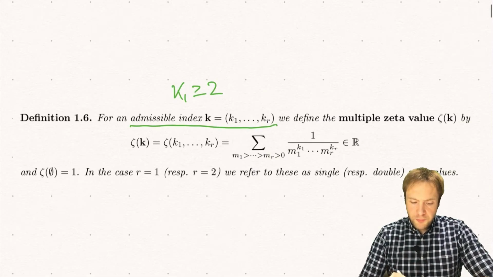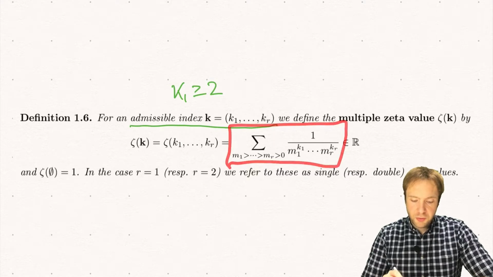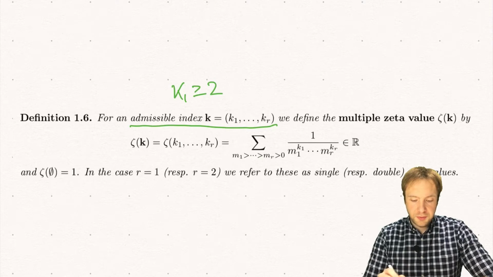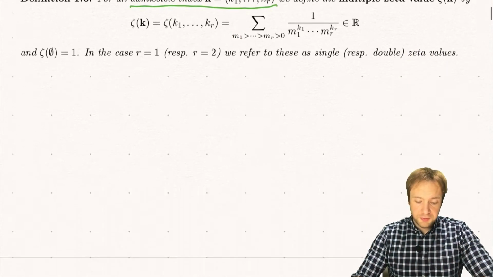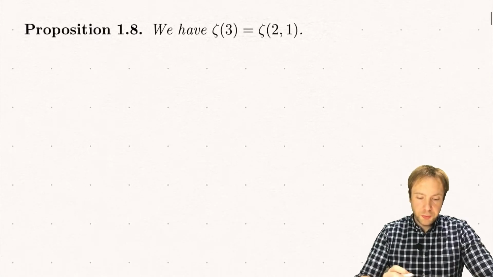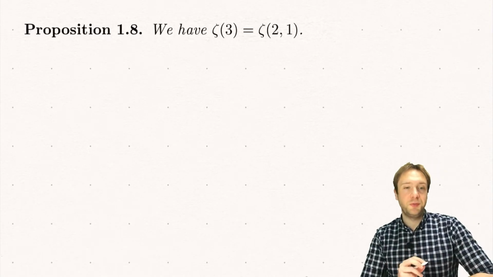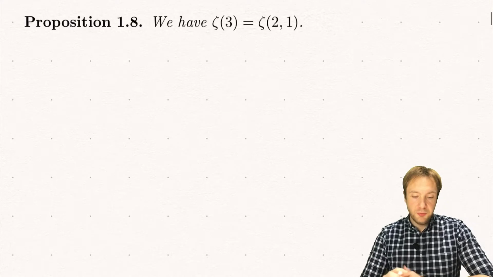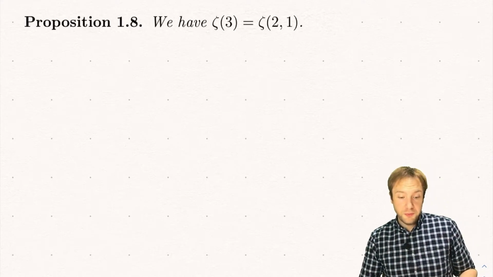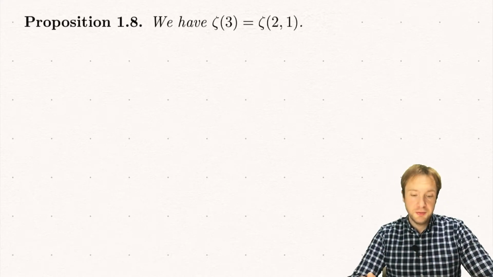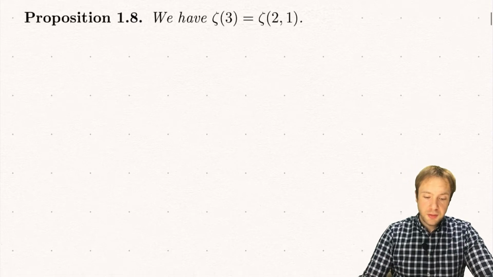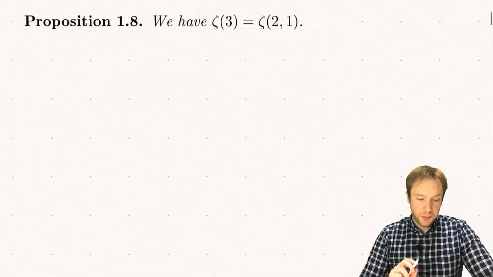Which is not so obvious from the sum, because zeta 1 is something of depth 2, so it's a double sum, and zeta 3 is just a simple sum, so it's not clear why these two sums are the same. So let's prove this relation. And so there are various proofs to prove this, and we will also see later different techniques to do so. But one simple proof goes as follows.